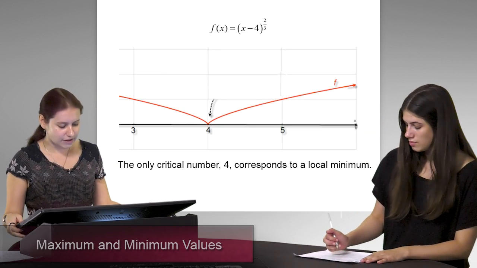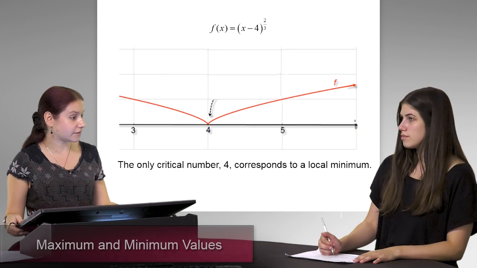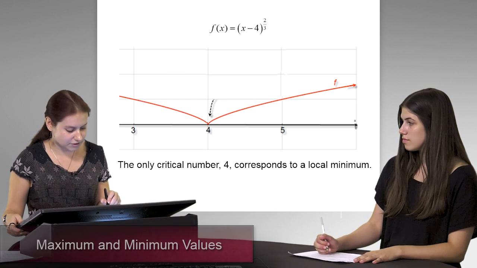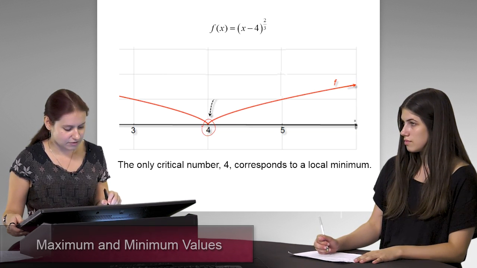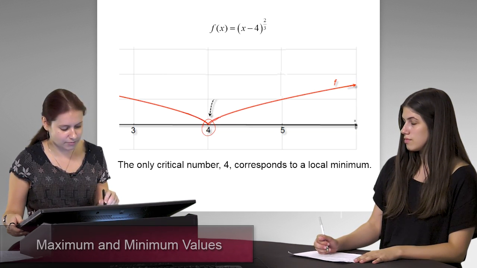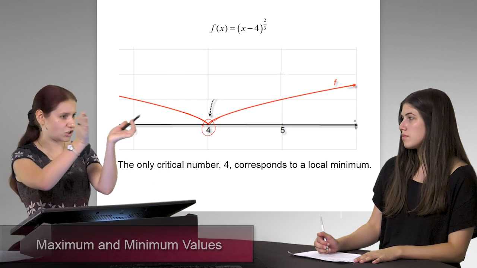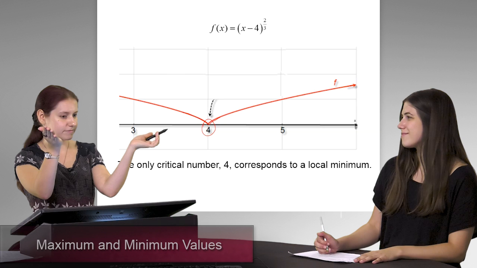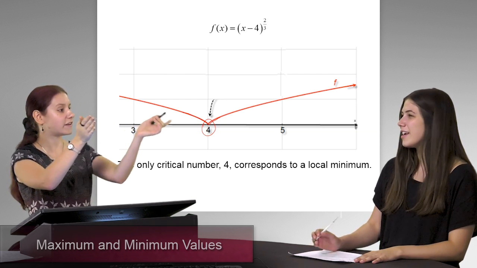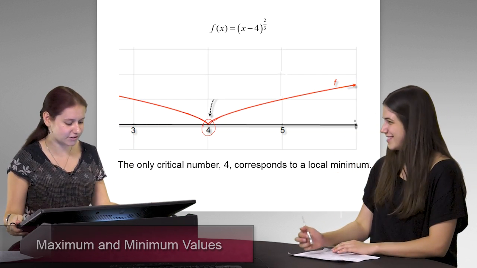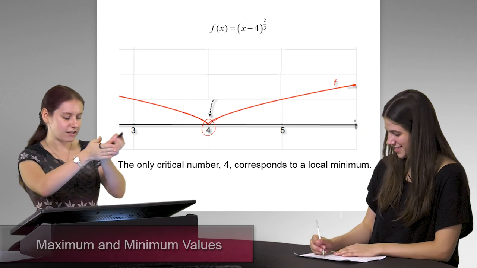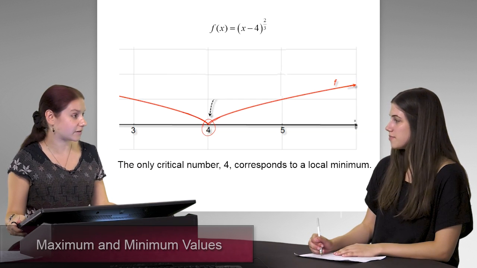Here's the graph. You see, even though the function is continuous, the derivative at this point does not exist because of this shape. We remember the corners and those kinds of shapes where you don't have derivatives. It forms a cusp. Corners, cusps, and we don't have a derivative there.